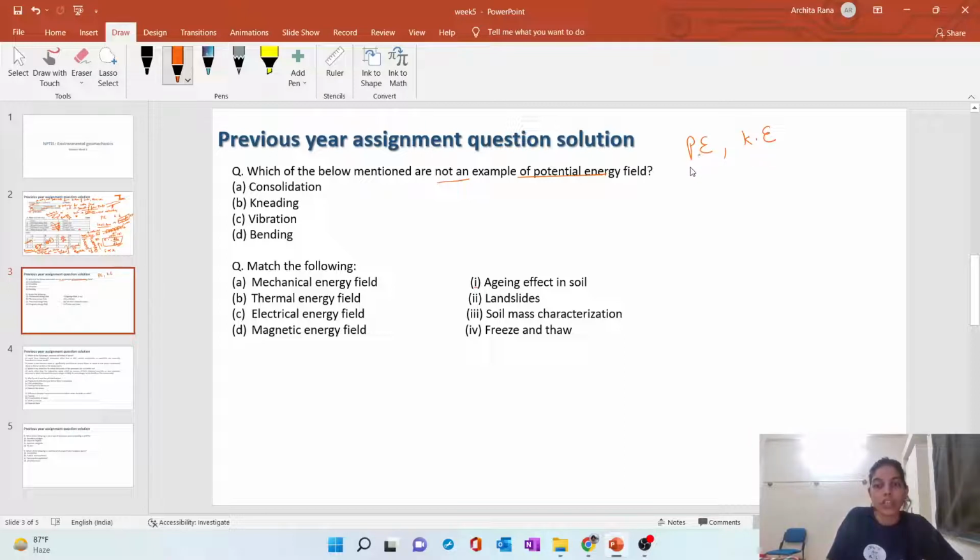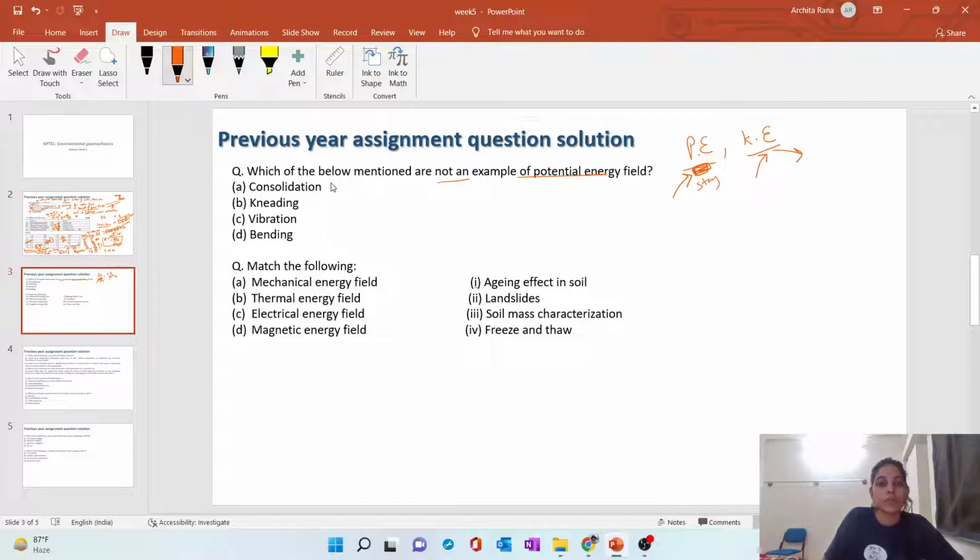Potential energy is when you apply energy to a geomaterial, it is not moving, it stays in the material. Kinetic energy is when you apply one type of energy and it tries to escape or get out of the system.